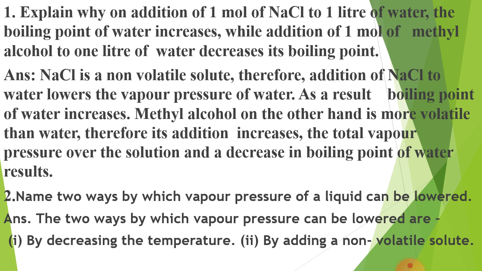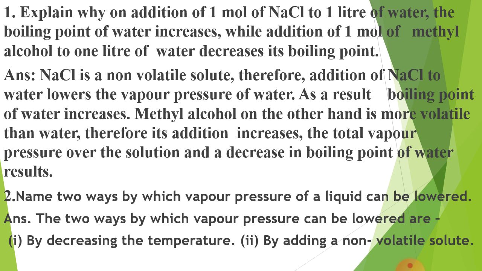Question second, name two ways by which the vapor pressure of a liquid can be lowered. So again see the answer. The two ways by which vapor pressure can be lowered are: first, by decreasing the temperature.